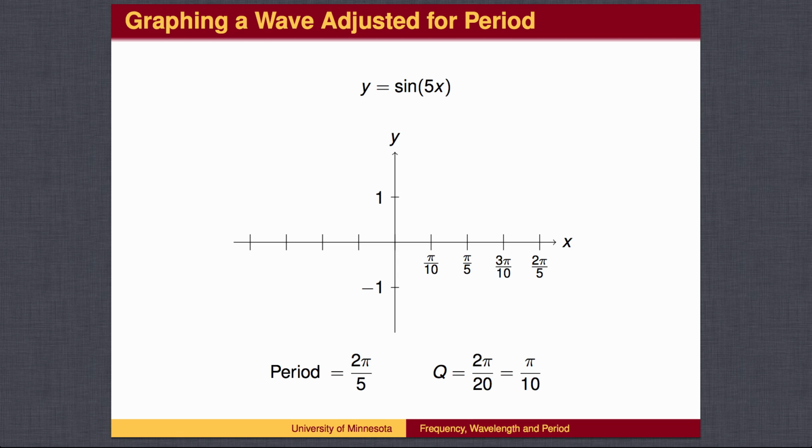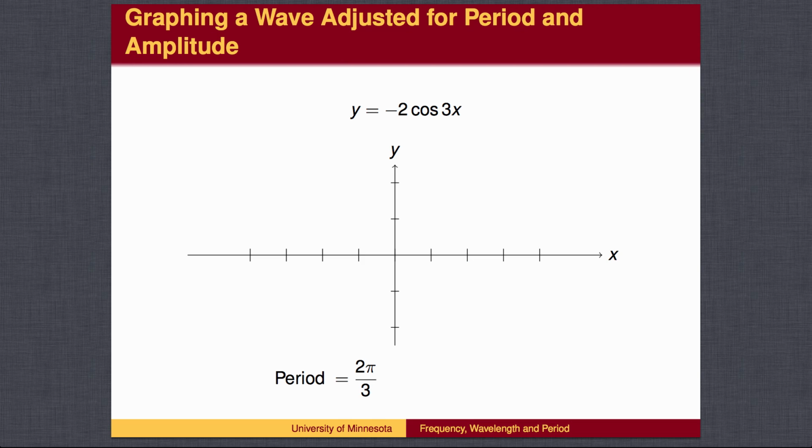I will call these 4 values the quarter markings and denote this spacing with the letter Q. We can then make the 4 quarter markings on the x-axis at pi over 10, 2 pi over 10, 3 pi over 10, and 4 pi over 10. Place points starting at x equals 0 that are in the middle, top, middle, bottom, and middle. Note that the amplitude is 1, and sketch the wave.